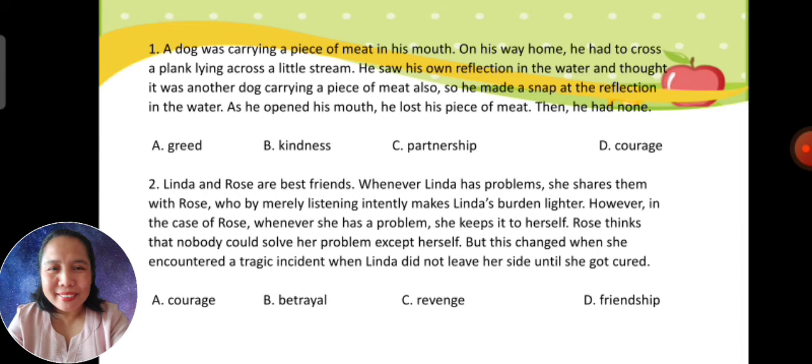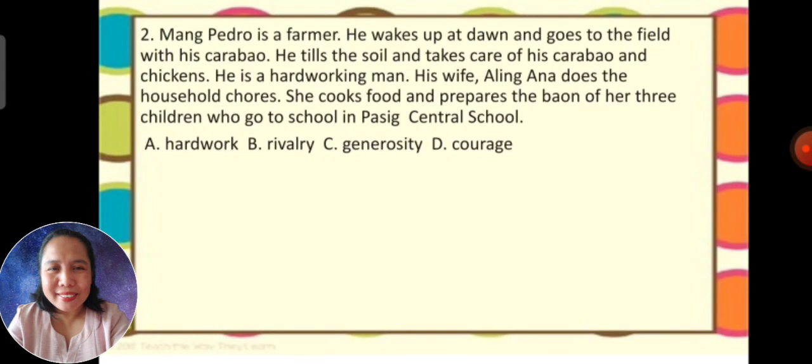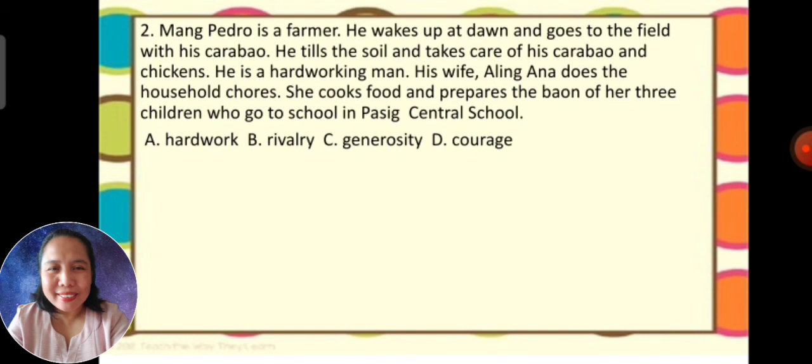But this changed when she encountered a tragic incident when Linda did not leave her side until she got cured. What's the theme? Is it courage, betrayal, revenge, or friendship? Okay, let's proceed to number 3.